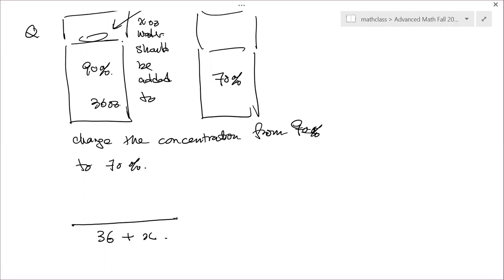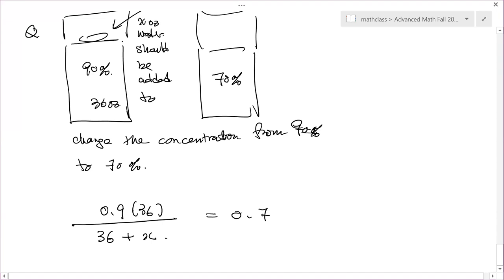The amount of pure alcohol is going to be 0.9 times 36. And if you increase the denominator, you're going to decrease the concentration. So that should be equal to 0.7.